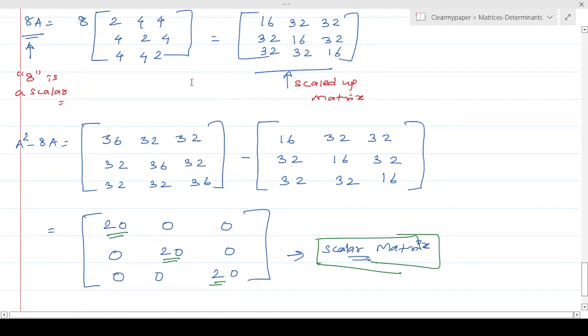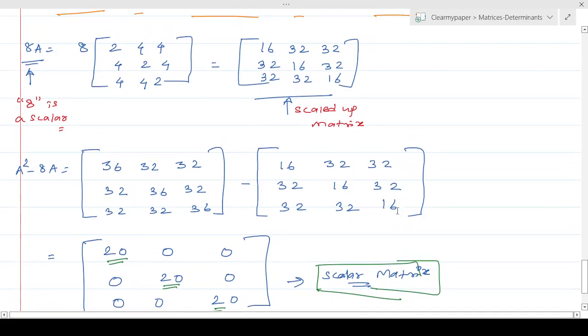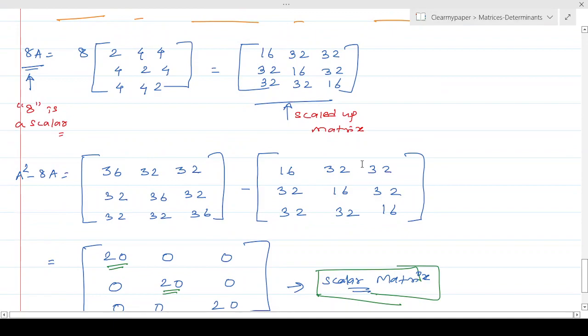Now coming back, put in both the matrices. You have the A squared, which I computed with the long computation. There's a minus sign, and I'm going to put 8A here, right? And if you remember, as you compute this A squared, or even the 8A, you will see the pattern because the diagonal elements are coming the same. So you know that you're on the right track to start with, because if you have to prove that this is a scalar matrix, you know the diagonals have to come out right.